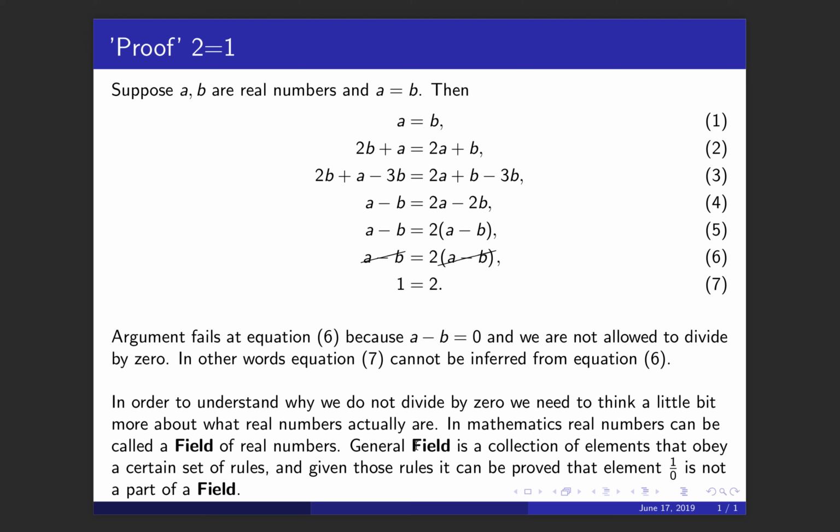And hence our false proof that 2 equals 1 is wrong, and the series of equations that we have produced, we should really have stopped at equation number 5, right? All the way up until equation number 5, we have not broken any rule of arithmetic that we know and love, but onwards from equation 5, it all goes wrong. So this was a false proof that 2 equals 1.